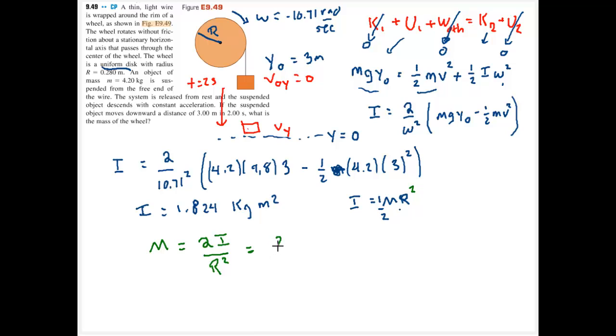So this is going to be 2 times 1.824, my moment of inertia, divided by the radius of my disk, 0.28, squared, and I end up with the mass of my disk coming out to be 46.5 kilograms.